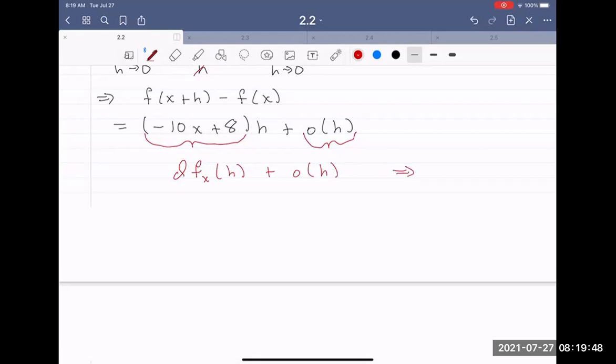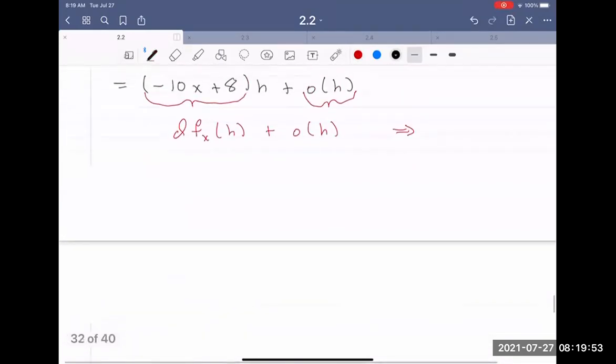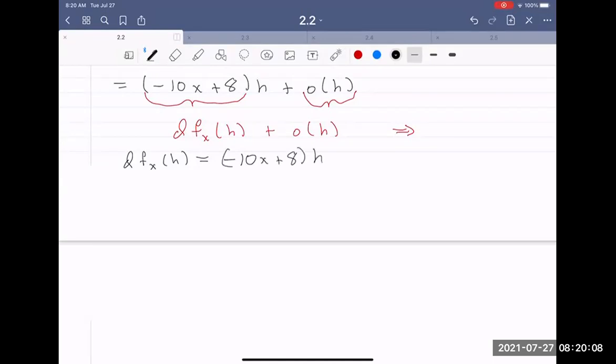And so I have here that the derivative is minus 10x plus 8h. And so I have that the derivative is negative 10x plus 8. And that's what I wanted to find.